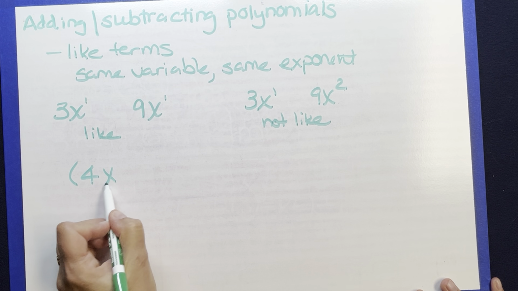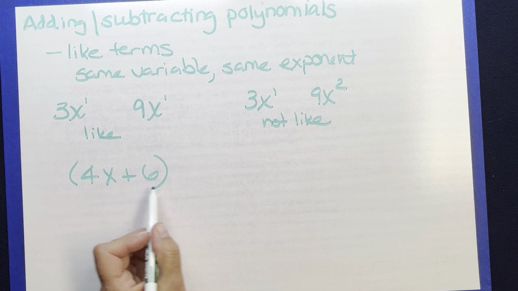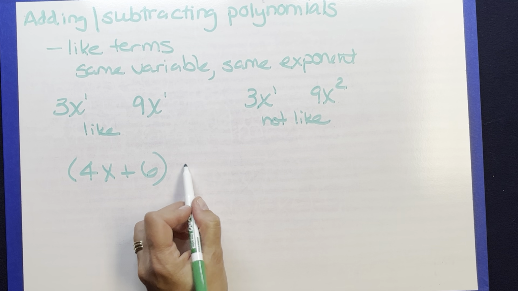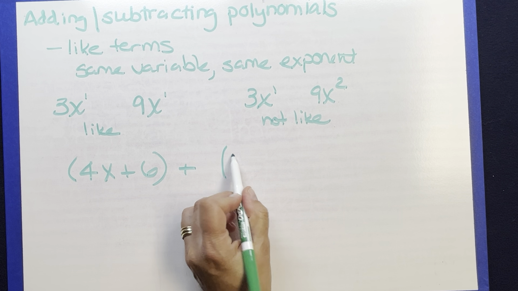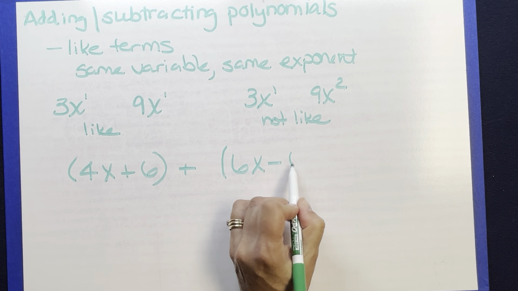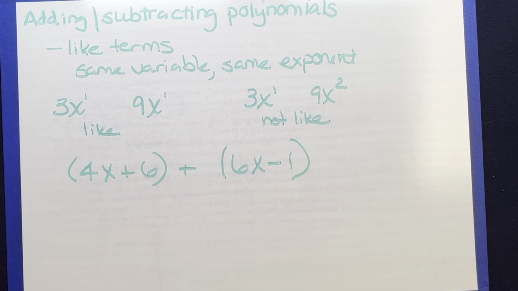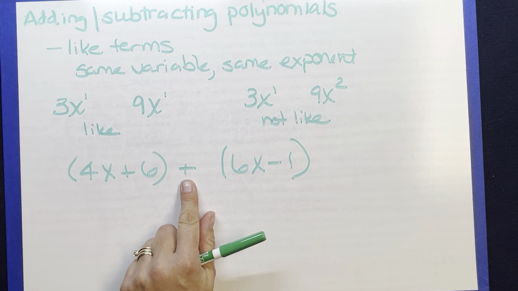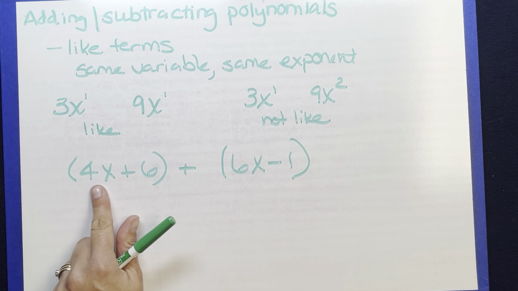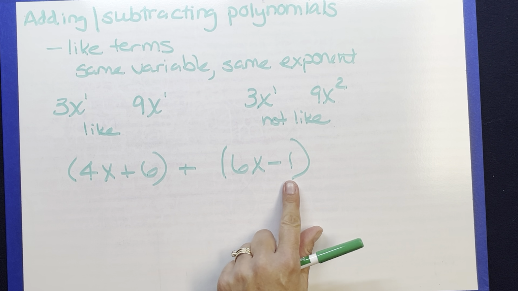So I'm going to take the binomial 4x plus 6, and I'm going to add that to the other binomial 6x minus 1. Now, since I have addition in between my two binomials, I don't have to worry about this sign. I only need to pay attention to the signs of what's inside my parentheses.